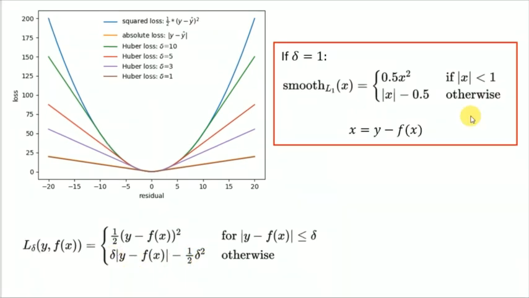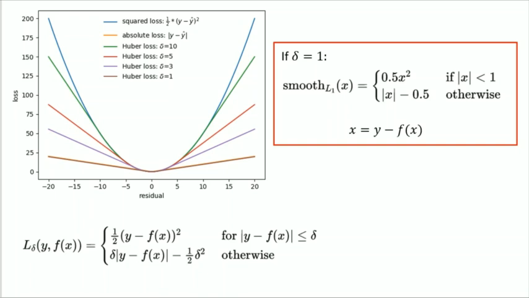We said that if delta equals 1, looking at this brown plot, this is the smooth L1 loss that you have: 0.5 times x squared, where x is your error, y minus f(x). And if it's bigger than 1, then you have the absolute value of your error minus 0.5. So this is a combination of both the L1 and L2 loss functions.